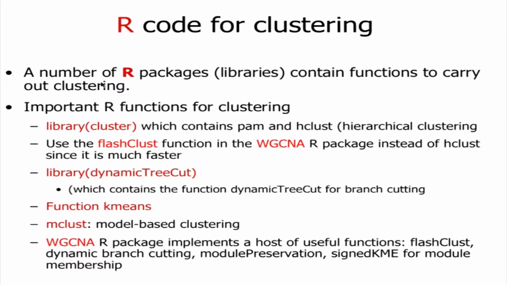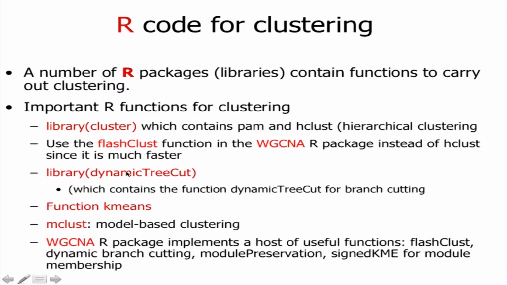And so, fortunately, Peter Langfelder revisited the code and found this coding error and corrected it. And so now there's an R function called flashClust, which has the identical output as hclust, completely identical, except that it's much faster, you know. So if you have large data sets, I urge you to use flashClust.